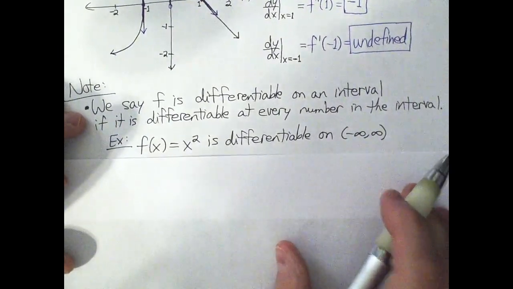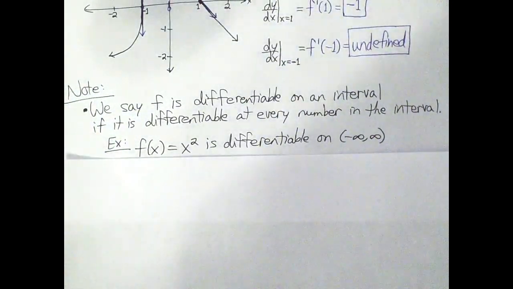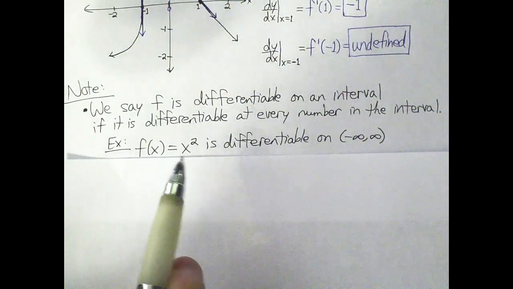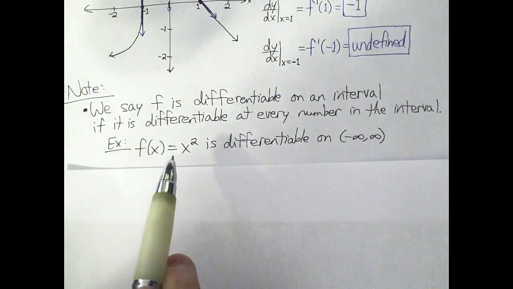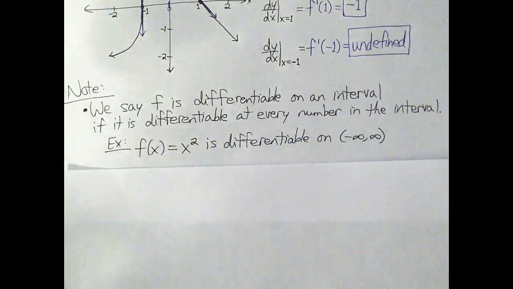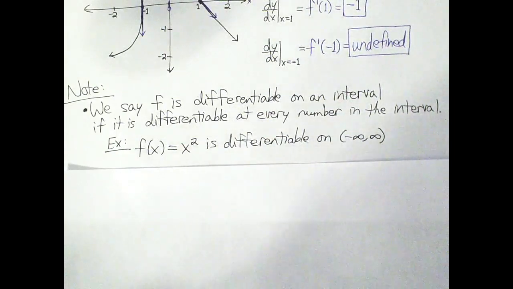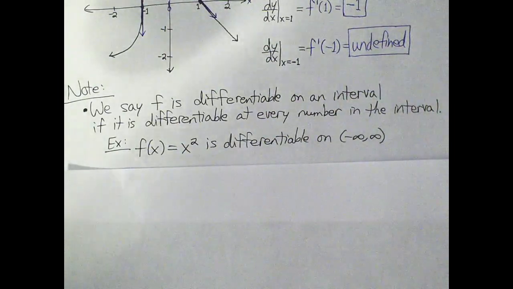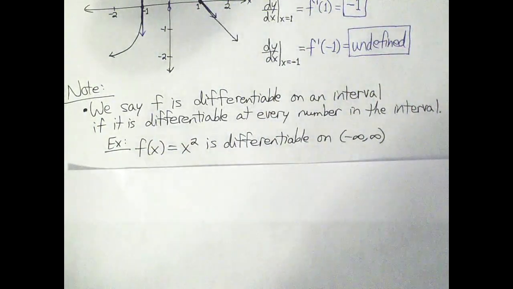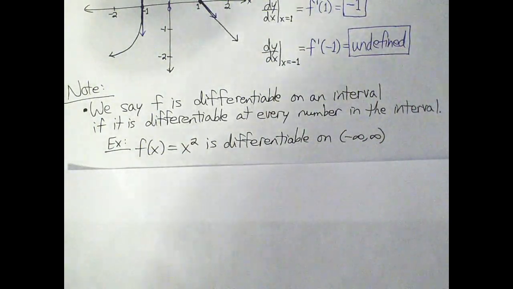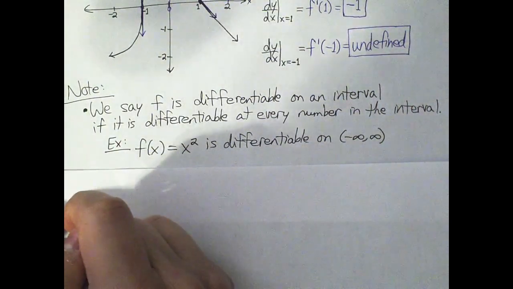And you might say, we had a theorem when we had a section on continuity. We had a theorem that said this function, because it's a polynomial, is continuous on its entire domain. And you might be wondering, is there a connection between being continuous and being differentiable? And there is.